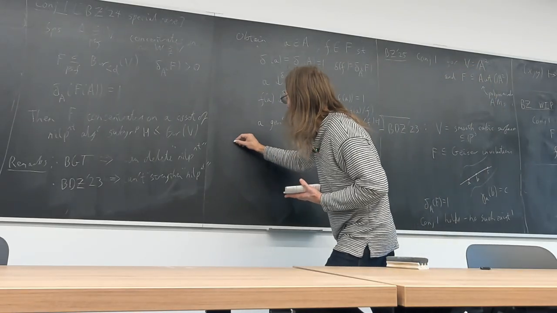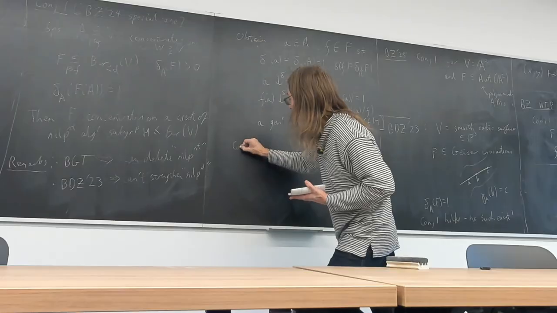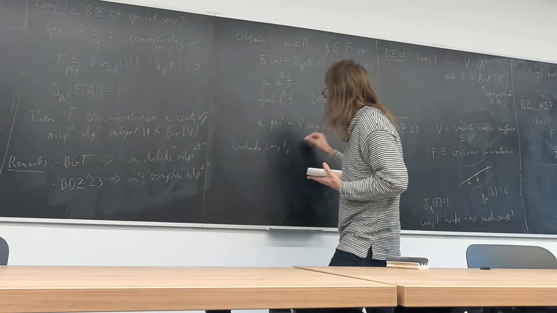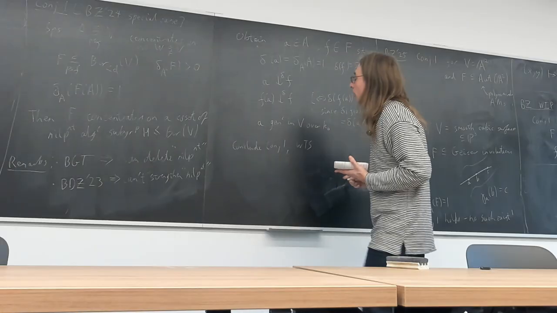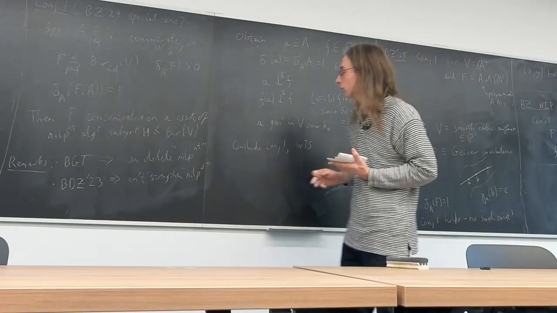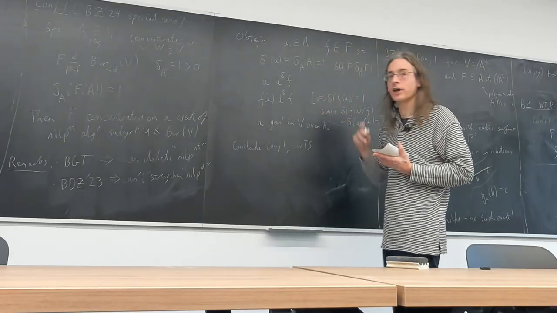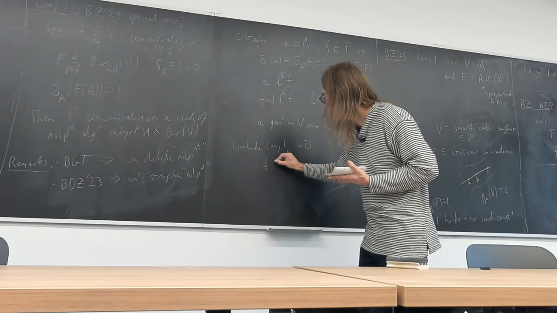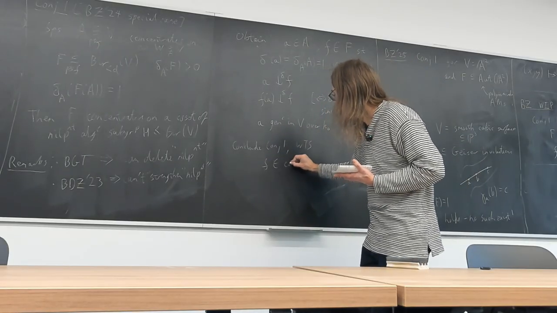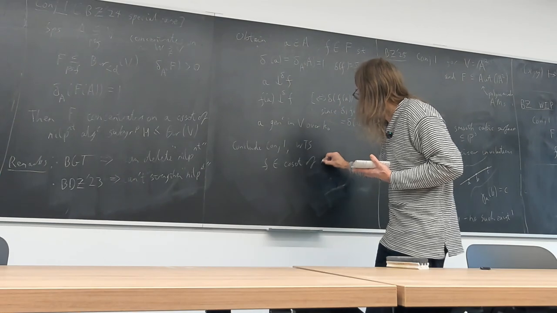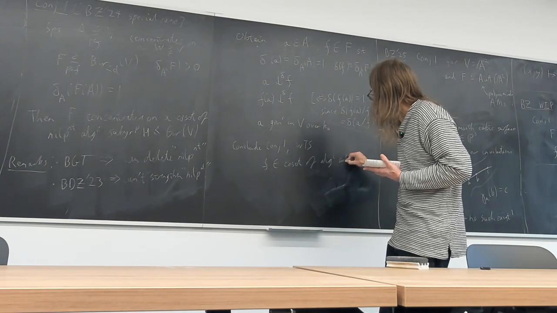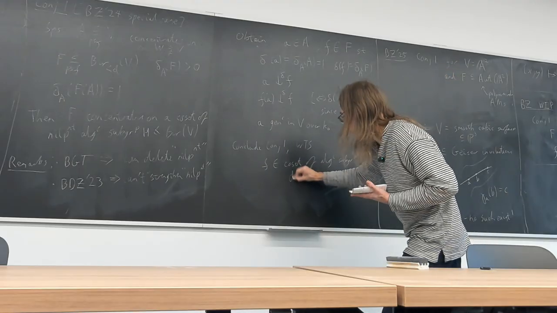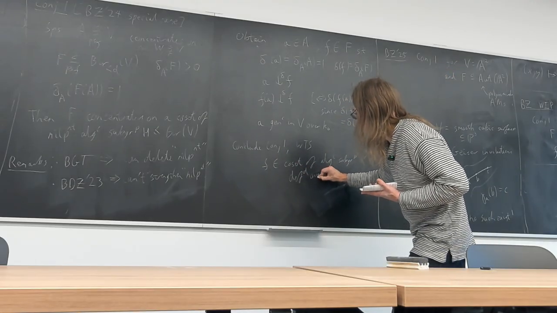And then, in these terms, to conclude what we want, so to conclude conjecture 1, we want to show that F just is in the coset of an algebraic subgroup defined over K0.